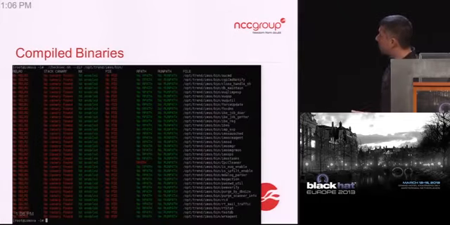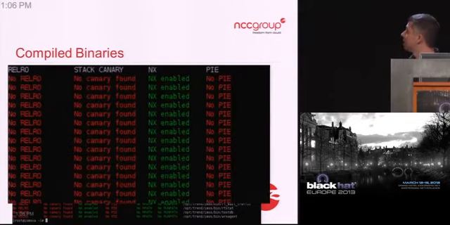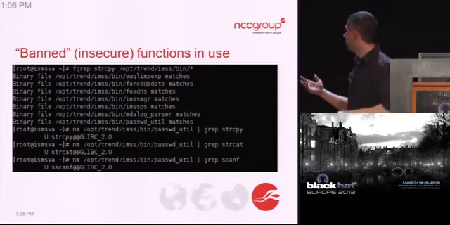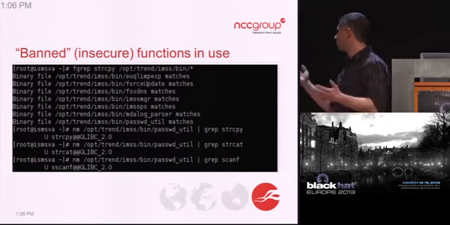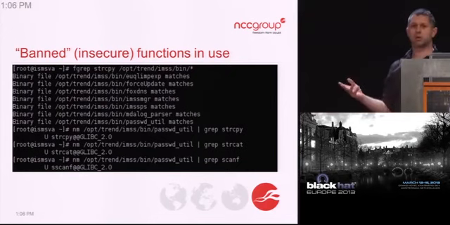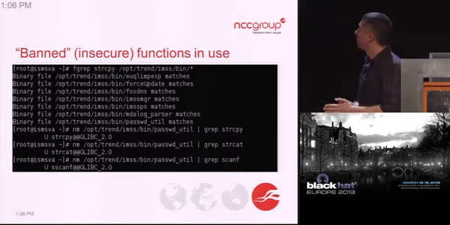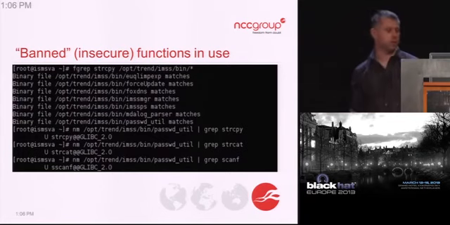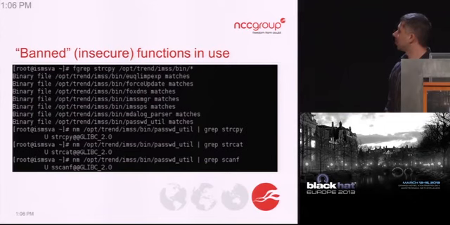Looking at the compiled binaries, again, we're missing stack canaries and PIE, which can help protect for ASLR. And if you look at the functions themselves, you can see they contain things like strcpy, strcat, scanf, things that Microsoft would term banned functions, because we know for many years there have been lots of vulnerabilities caused by incorrect use of these functions.